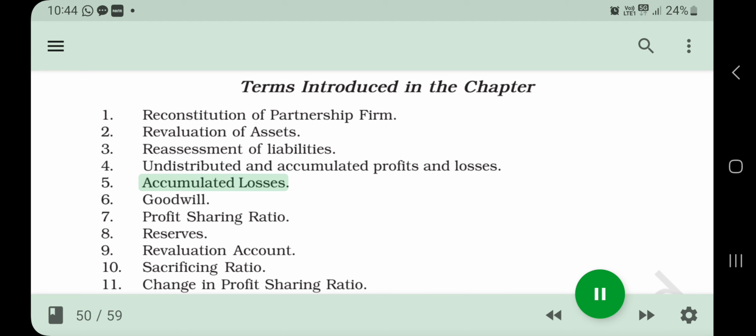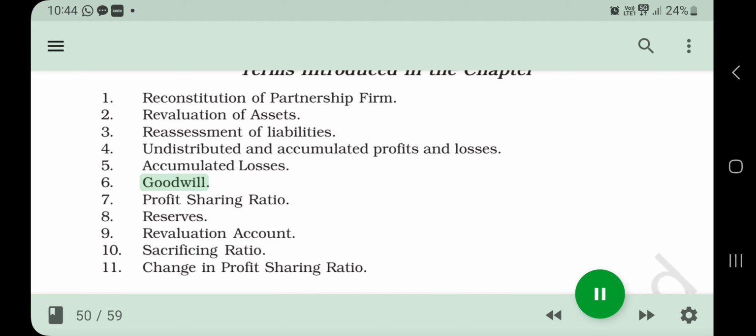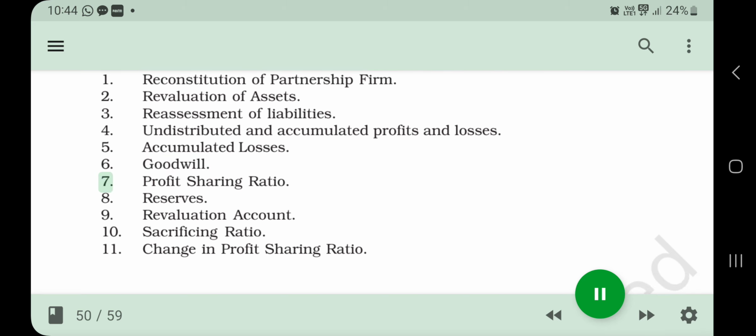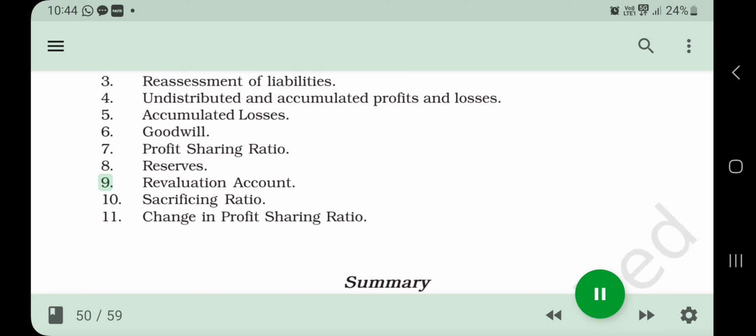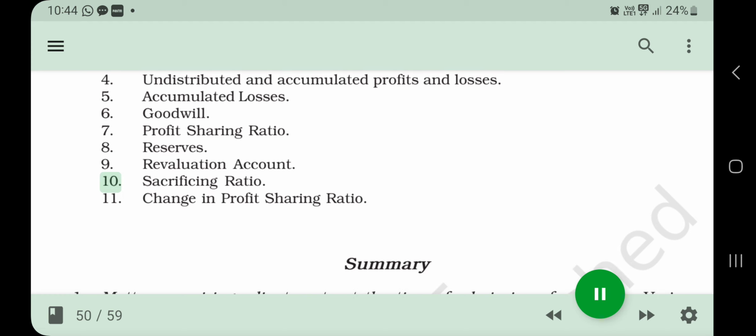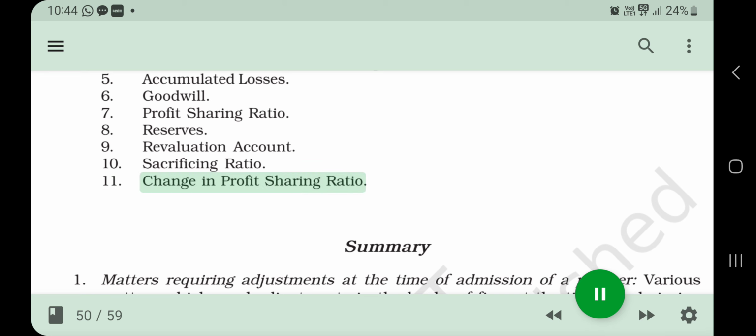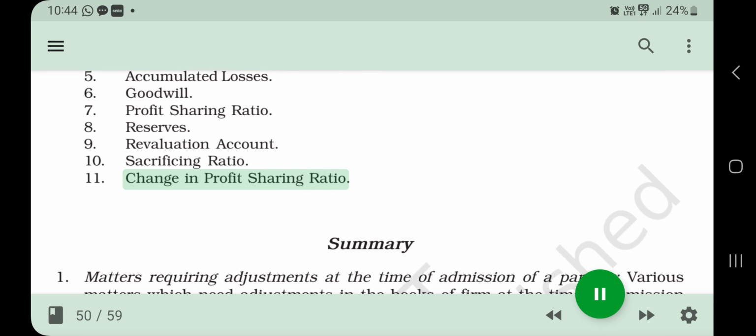Accumulated losses. 6. Goodwill. 7. Profit sharing ratio. 8. Reserves. 9. Revaluation account. 10. Sacrificing ratio. 11. Change in profit sharing ratio.